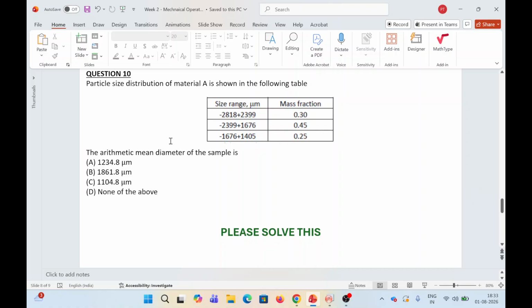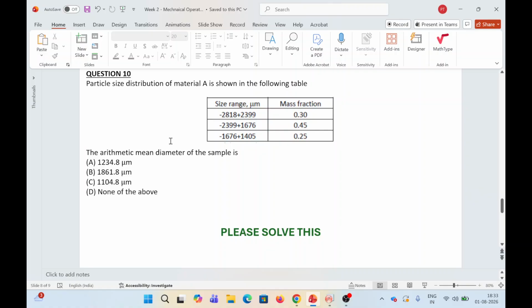The particle size distribution of material A is given. The size range is given, -2818 plus 2399, with a fraction of 0.3. Then you have 0.45 for some other size range, and 0.25 for some other size range. We are asked to calculate the arithmetic mean diameter of the sample.